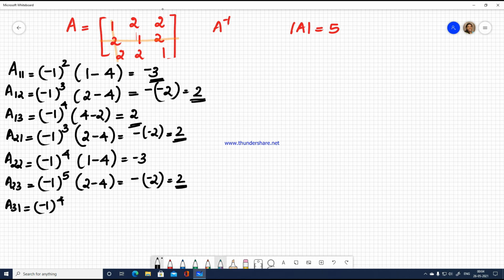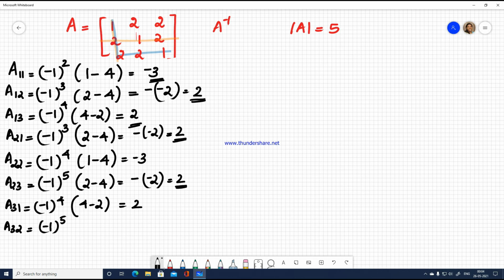You cover this particular column and the row. So you get the answer as 4 minus 2, you get 2. Then A32 is equal to minus 1 raised to 5.